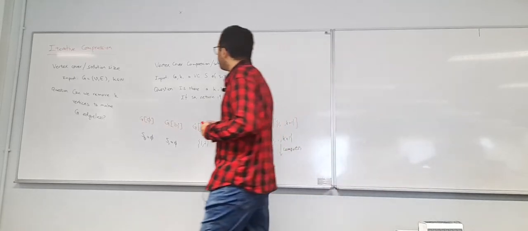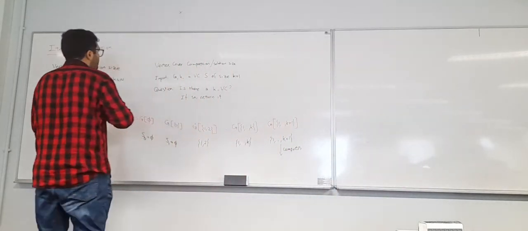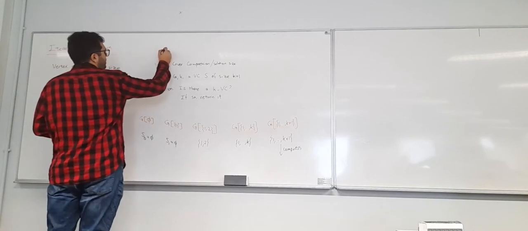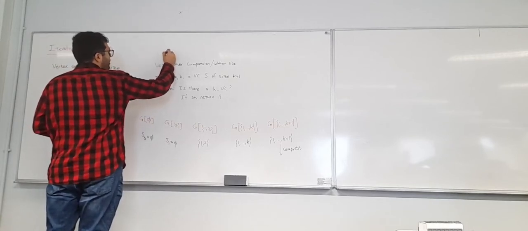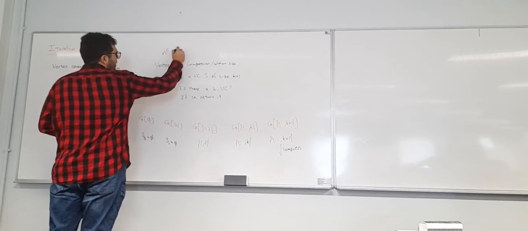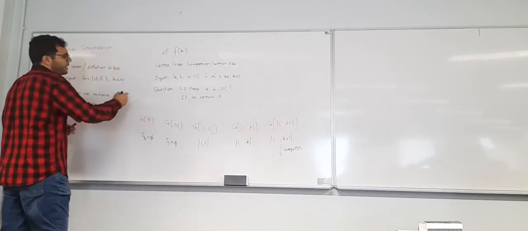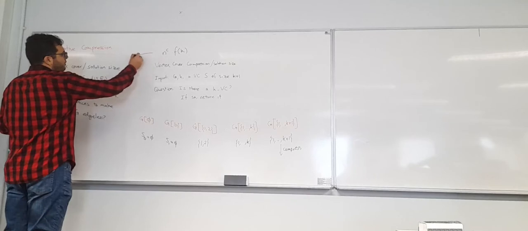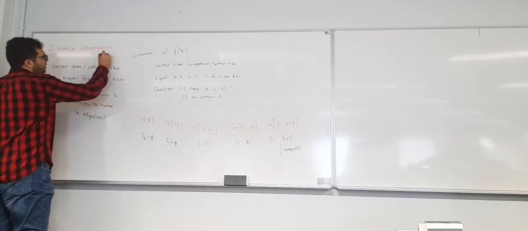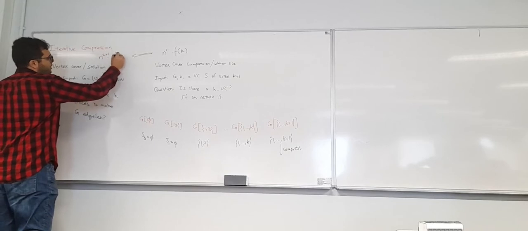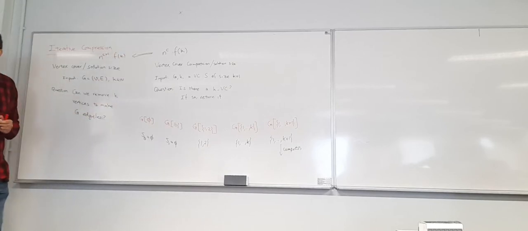So in other words, if I have a solution here that takes FPT time, let's say n to the power of c times f of k, then that would directly give me a solution on this side that takes n to the power of c plus 1 times f of k time.